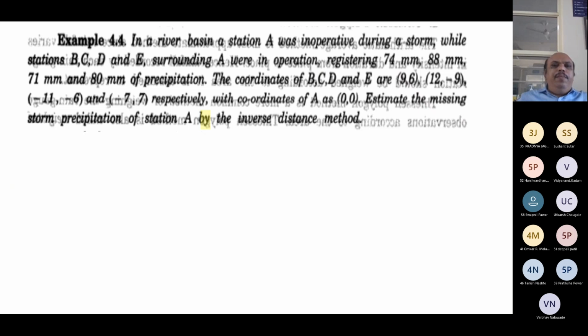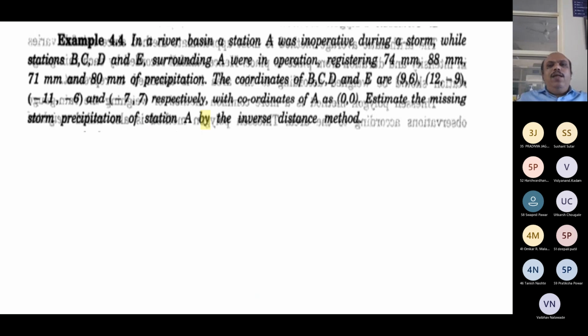Okay, now note down this problem. This is on the inverse distance method. In a river basin, station A was inoperative during a storm, while stations B, C, D and E surrounding A were in operation, registering 74 mm, 88 mm, 71 mm and 80 mm of precipitation. So daily rainfall values are given, 74, 88, 71 and 80 respectively at B, C, D and E, and data at A is missing.